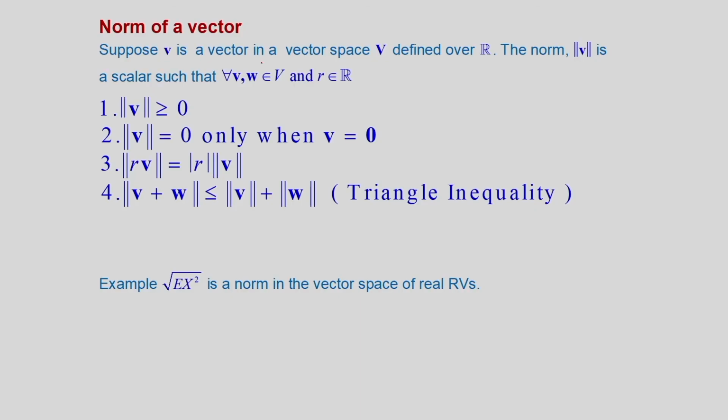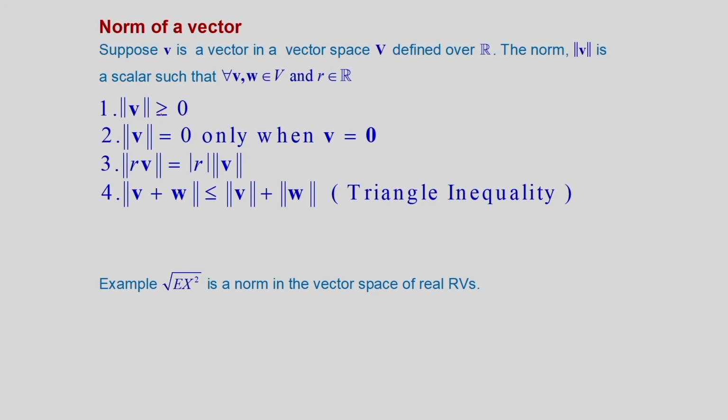Suppose V is a vector in a vector space V defined over R. The norm is denoted by this notation. So, norm of V is a scalar such that for all V, W belonging to V and r belonging to R, these four properties are satisfied. Number 1, norm is non-negative.